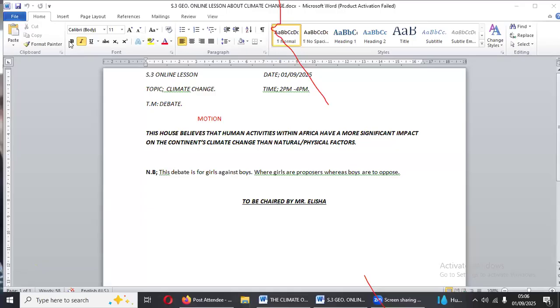Take a look at China's population of 1.4 billion. Is it less than Africa's population? No. So it is a minor issue to say that urbanization has caused the impact on the continent's climate change. I rest my case.